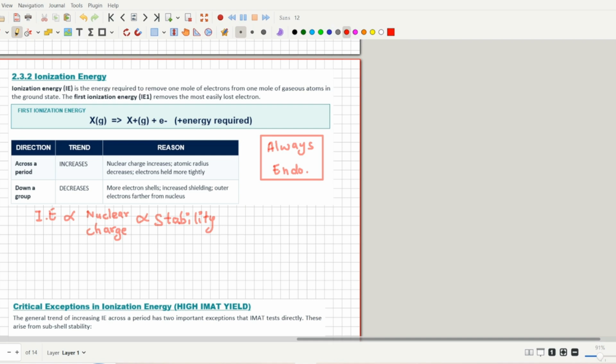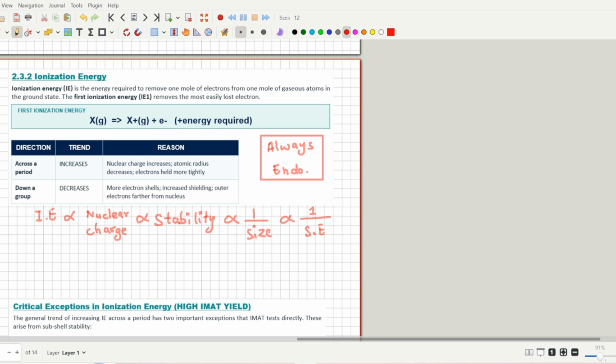Then for size, ionization energy is inversely proportional to the size. If the size is large, with a high atomic radius, the ionization energy is low because the electron can be removed really easily. The shielding effect is also inversely proportional. Why is that?